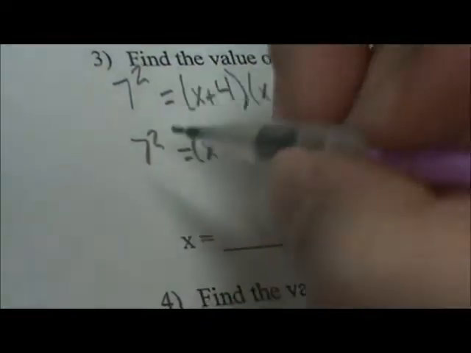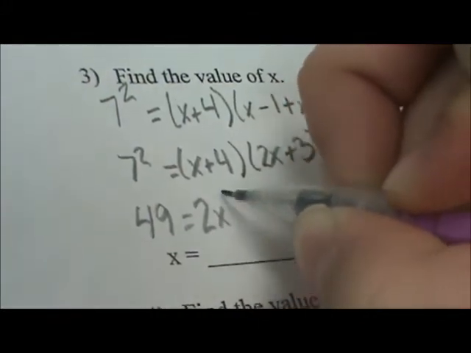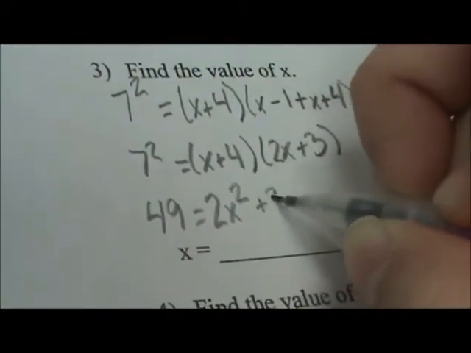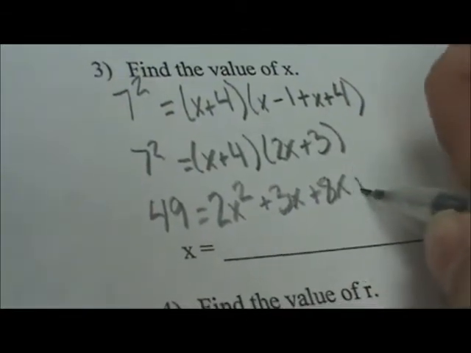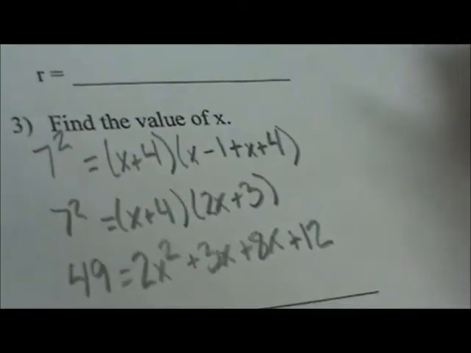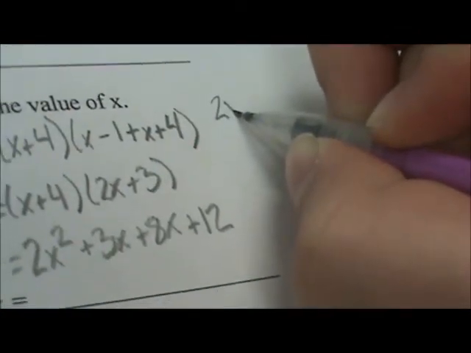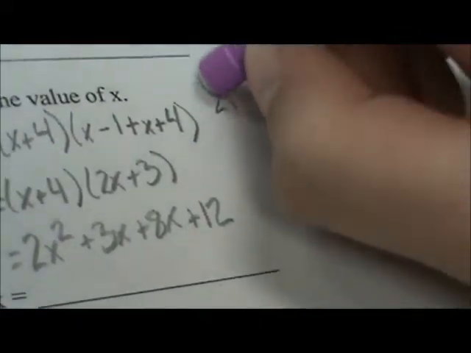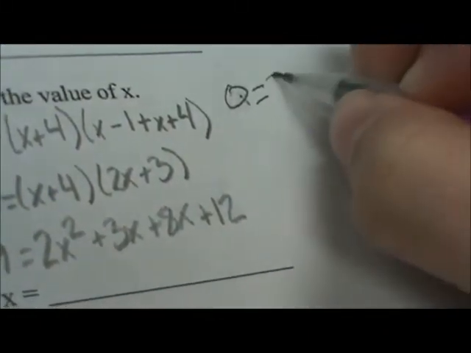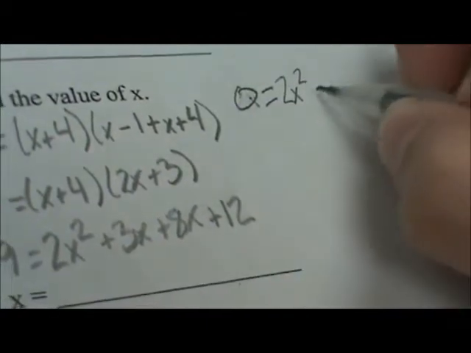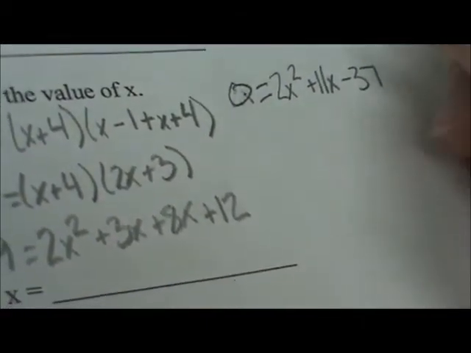Then now you need to distribute, and you will get 49 is equal to 2x squared plus 3x plus 8x plus 12. Well, then you need to add like terms, and you will get 0 is equal to 2x squared plus 11x minus 37.